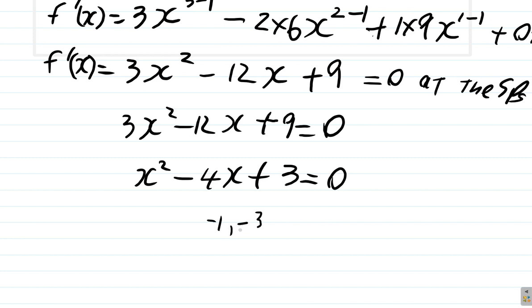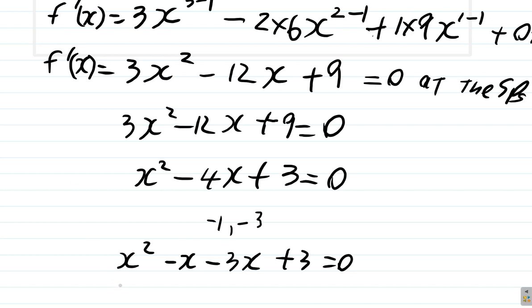Negative 1 plus negative 3 is negative 4. Negative 1 by negative 3 is positive 3. Alright, so we say x squared at one end plus 3 at the other end. In the middle, we break up the negative 4x into negative x and negative 3x.